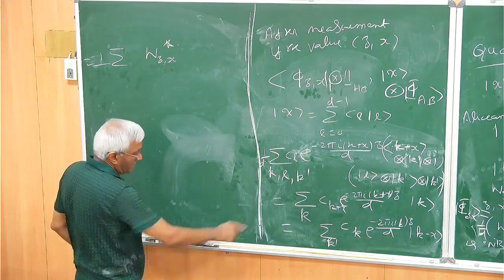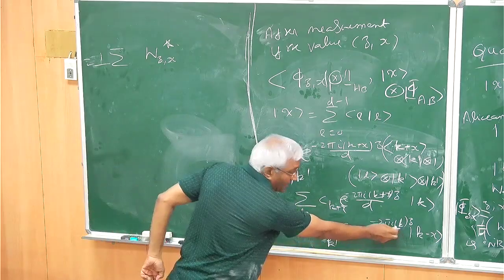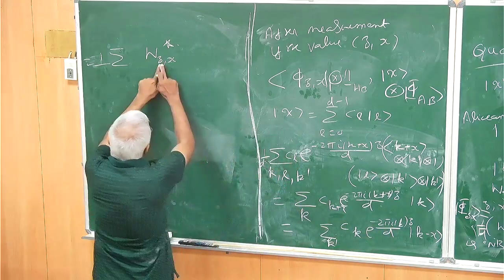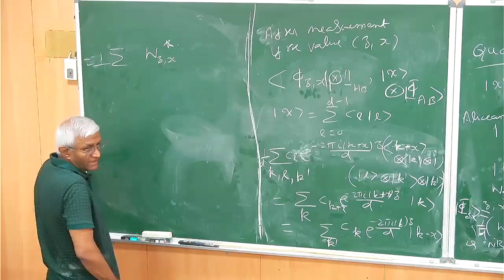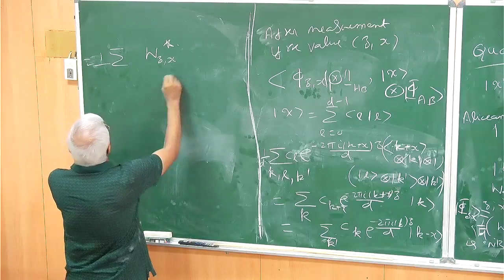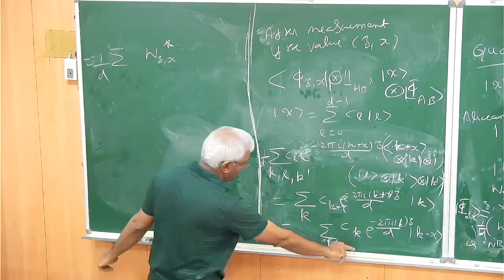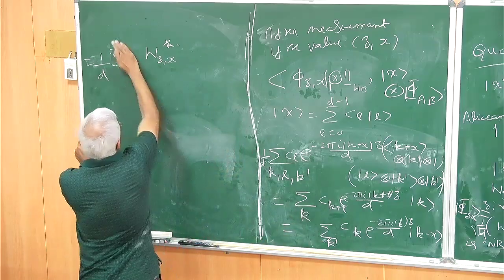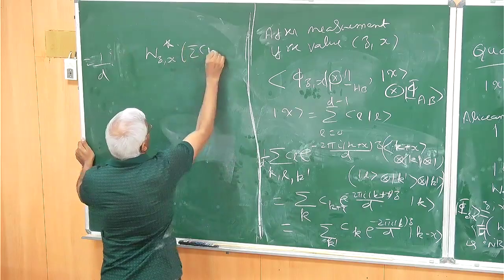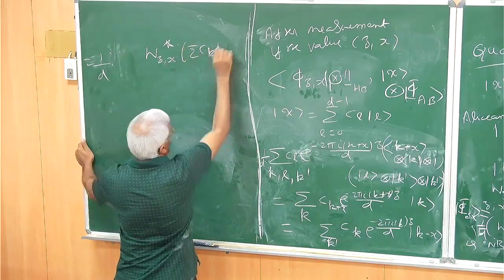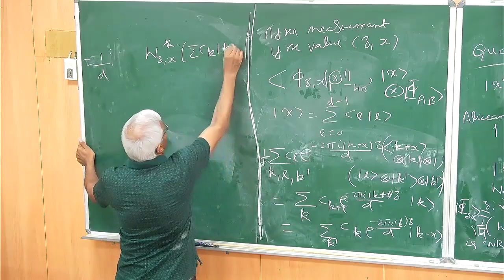So there is no plus here, because you are applying WZ first and then WX. WZX star of whatever that. So this will be summation CK. You can take summation CK.